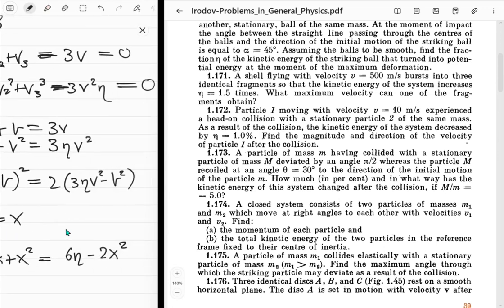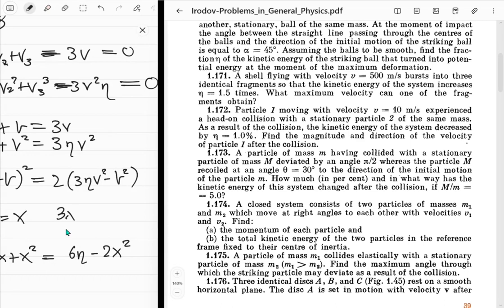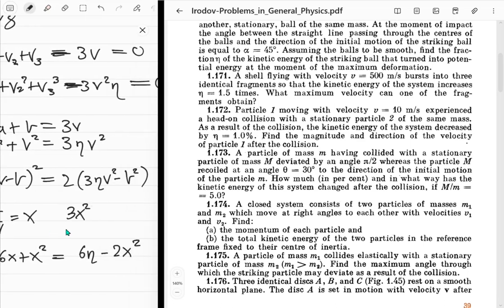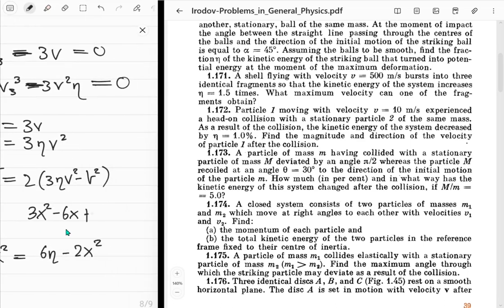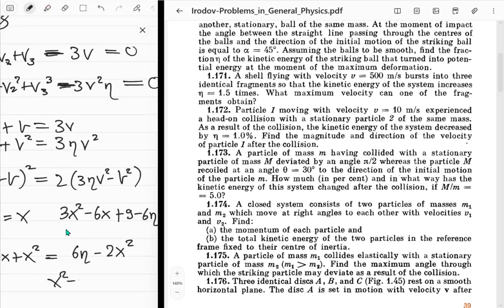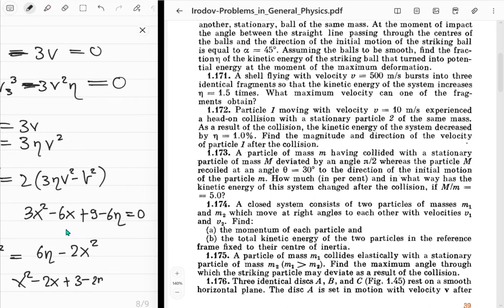Now this will be 3x squared minus 6x plus 9 minus 6 eta is equal to 0. You can get rid of that factor of 3: x squared minus 2x plus 3 minus 2 eta is equal to 0, right?